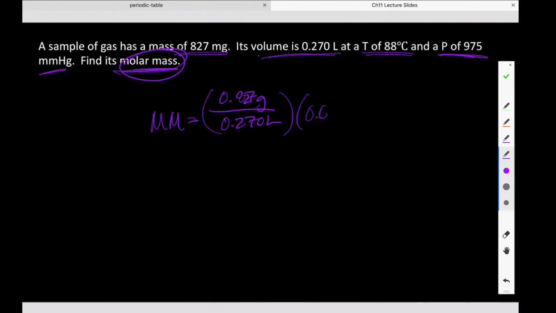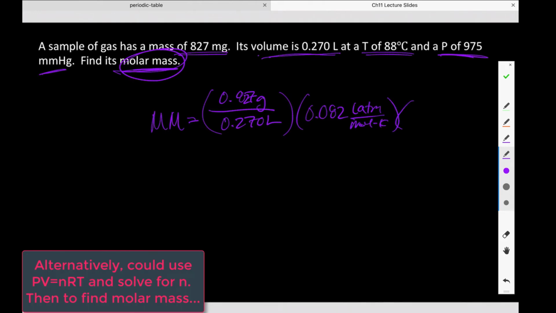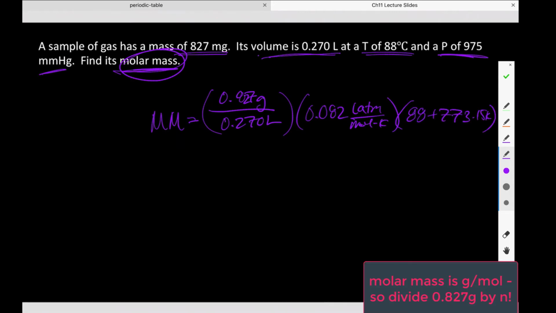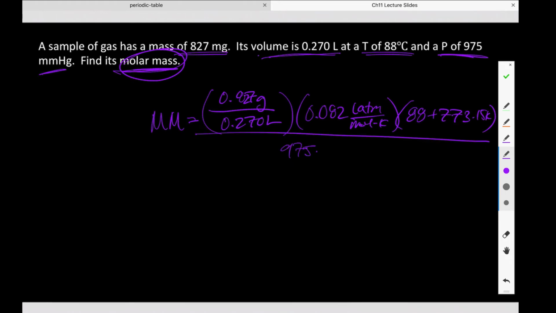D times R times T, which is 88 plus 273.15, over P, which is 975 millimeters of mercury, over 760 for every 1 atm. Yes? And that would get us molar mass.